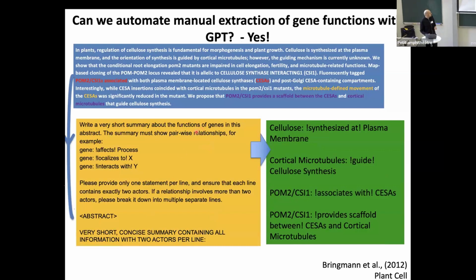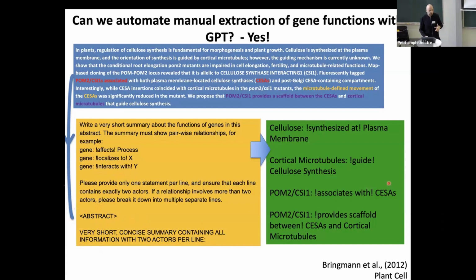This is the prompt that I used. I told ChatGPT, write a very short summary about the function of genes in this abstract and give me information such as gene affects process, gene localizes to X, or gene interacts with Y. Here I paste in the abstract, and because ChatGPT is forgetful, I yelled at it, saying again, give me those things in this particular format.